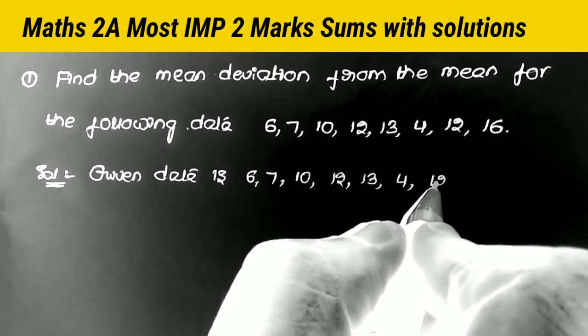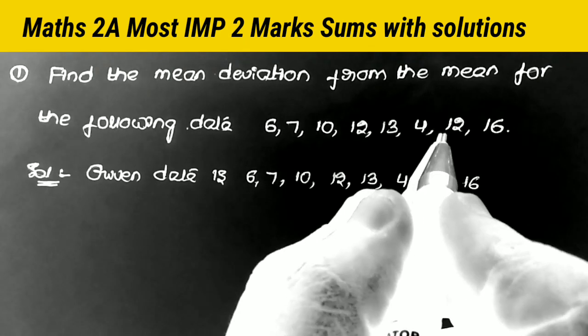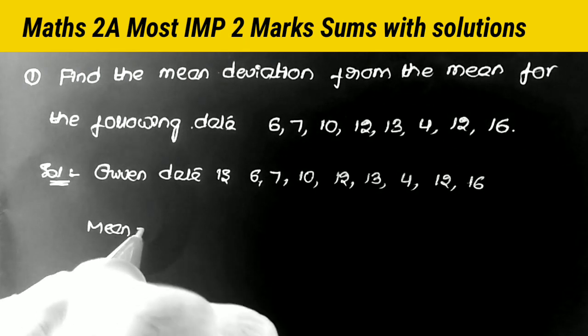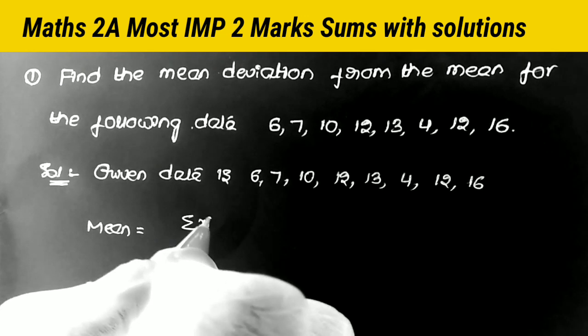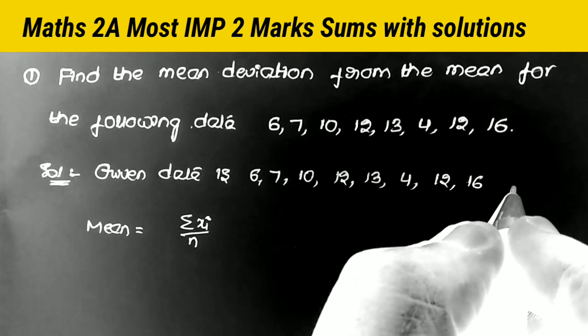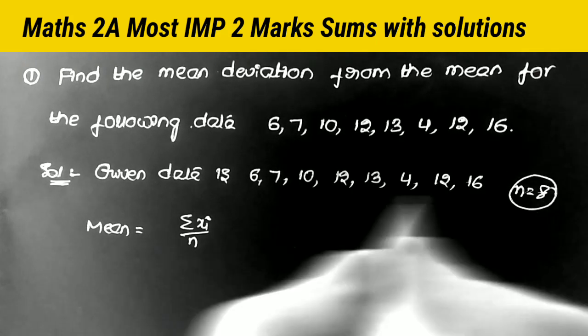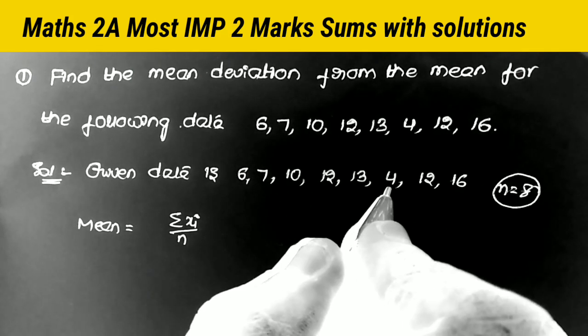To find the mean deviation from the mean, first of all we want the mean value. Mean is equal to the sum of the observations divided by the number of observations. Here n is equal to 8, which means we have 8 observations.